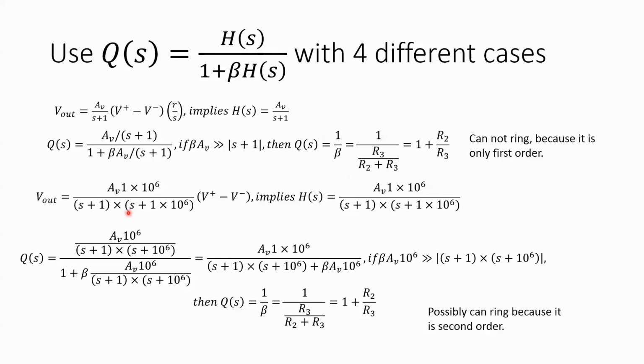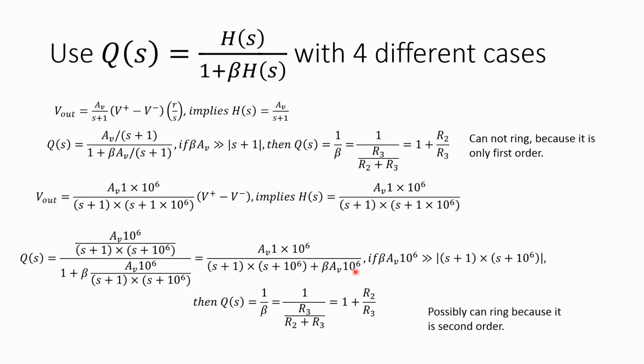Now let's use our second order model. We have our gain times the frequency. Here we have 2 distinct real poles, and there's our transfer function. Plug that in for H(S) here and here, and when you multiply everything out, you still have this term, you have this term, and you still have your beta AV, and now there's a 10 to the 6 there.